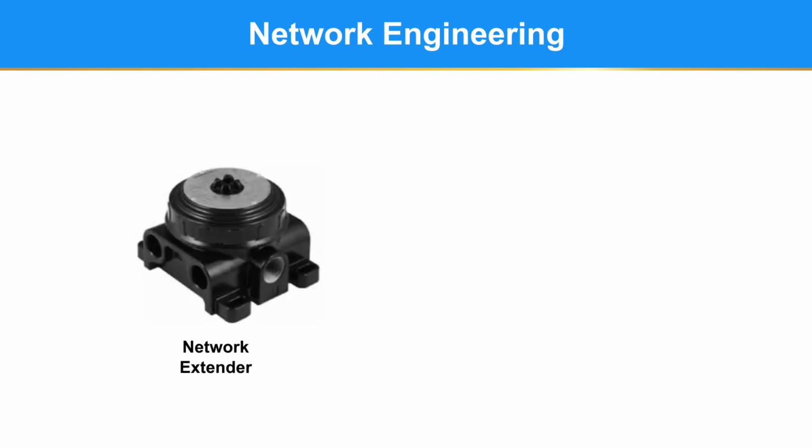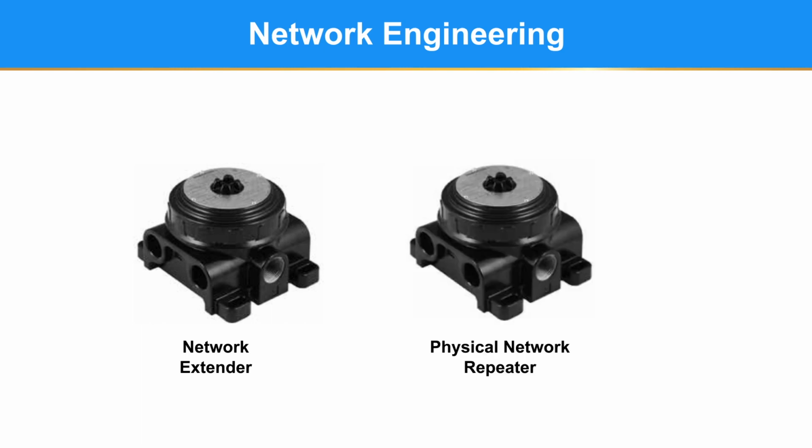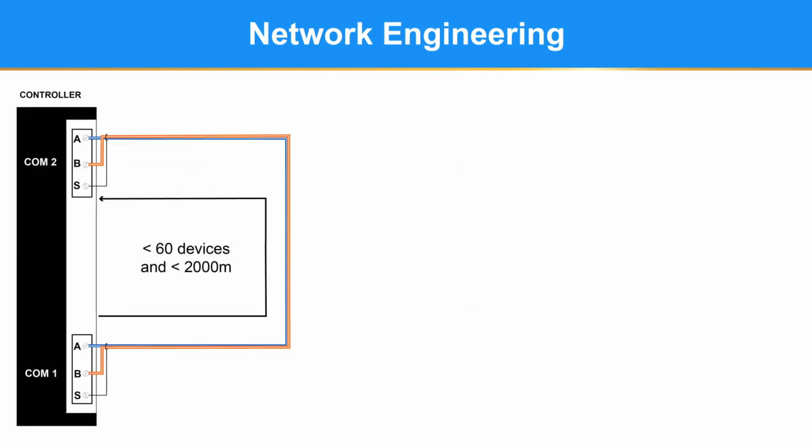There are devices such as a network extender, used to condition or sharpen communications that can become small and distorted, and there are repeaters that are just used to repeat communications, which can help in these situations. Here are the general rules for network extenders and repeaters for highly populated networks or networks with long cable runs or both.